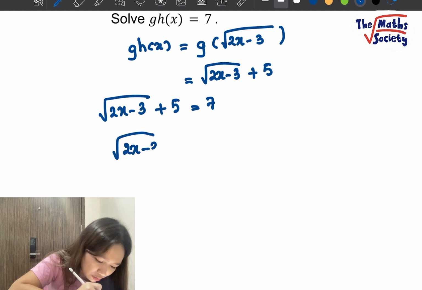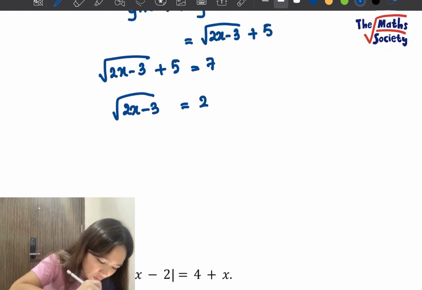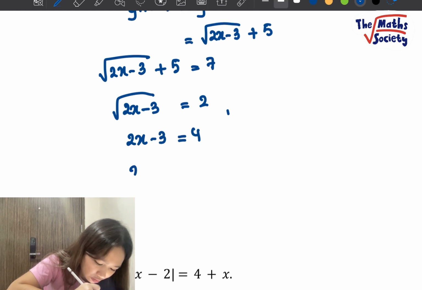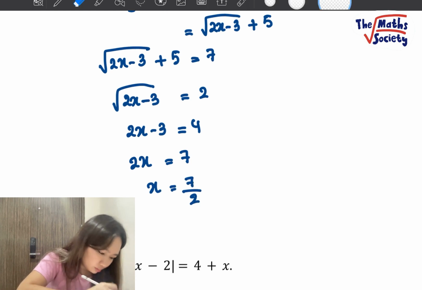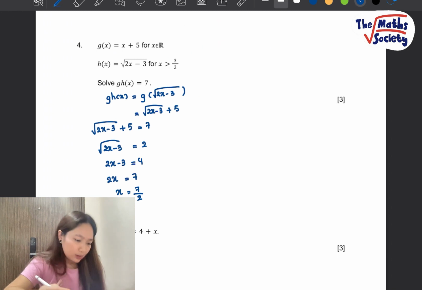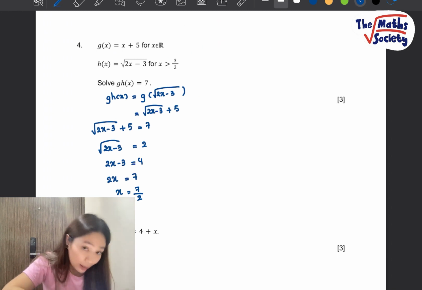So square root of 2x minus 3 is equal to 2. So 2x minus 3 is equal to 4. So 2x is equal to 7, and x is equal to 7 divided by 2. And this is it. This is x.